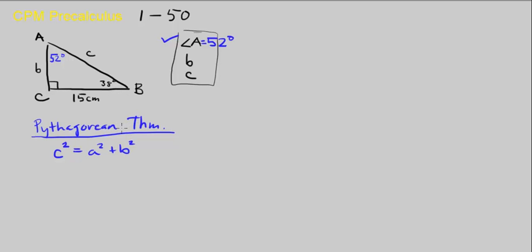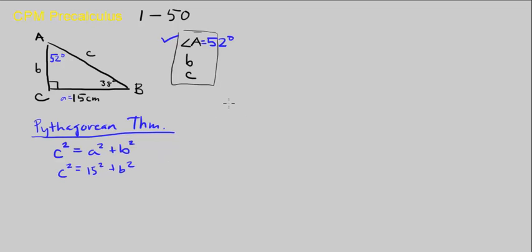But if we only know one side, we cannot use this equation to solve for the unknowns, because we get c squared equals 15 squared plus b squared, and we need to know something more about B or C.